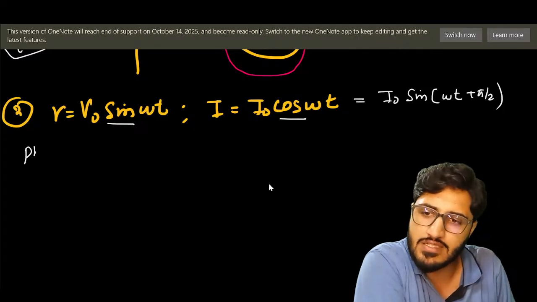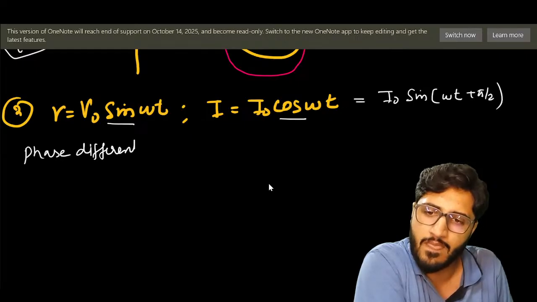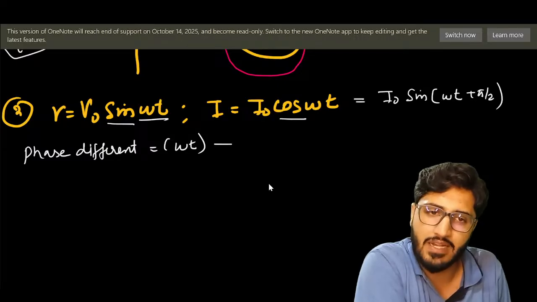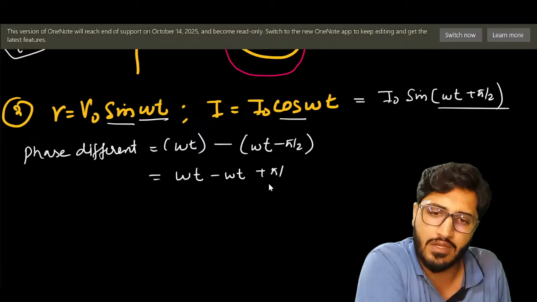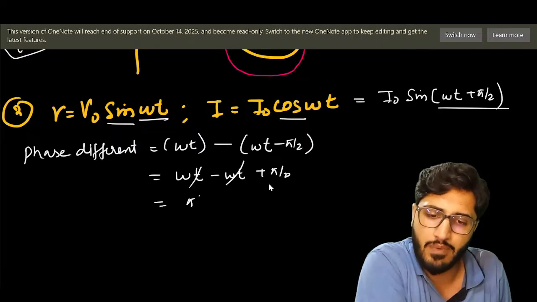What is the phase difference? You can write omega t minus this phase, omega t minus pi by 2. So my answer is omega t minus omega t plus pi by 2. My answer is what? Pi by 2 only.